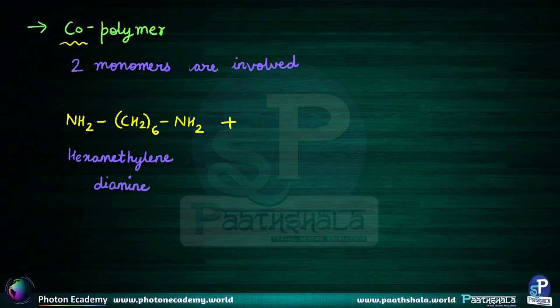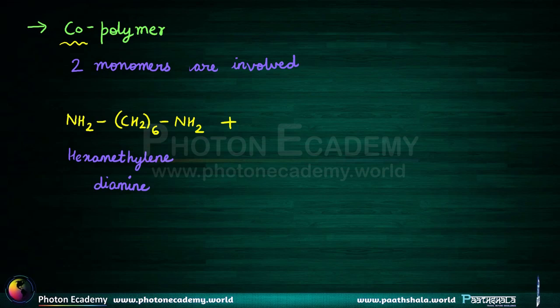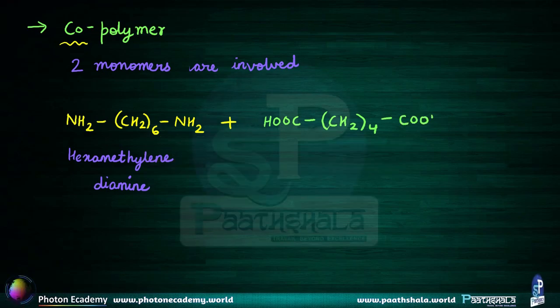This is combined with adipic acid. Adipic acid is represented as such: we have a COOH group over here, then CH2, 4 in number, and again a COOH group. This is known as adipic acid.